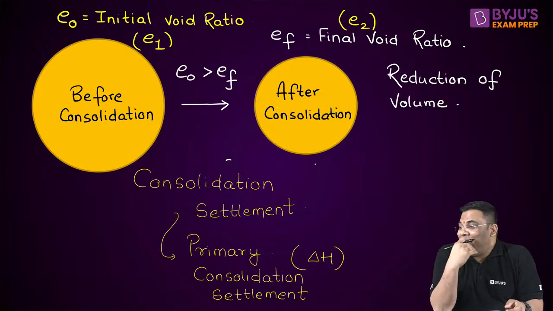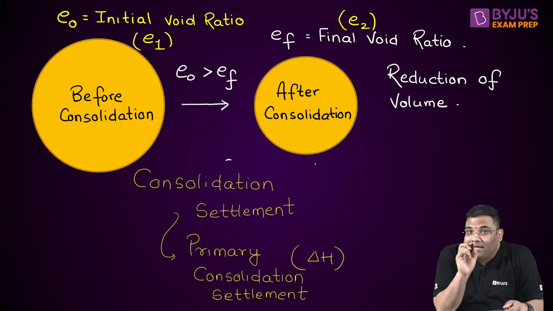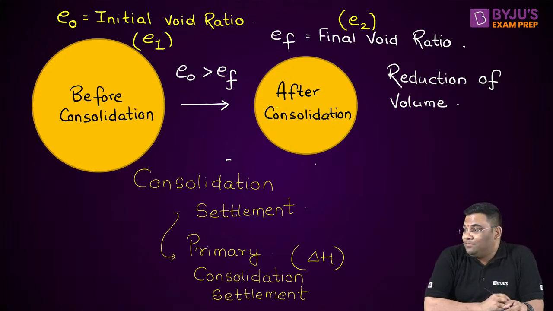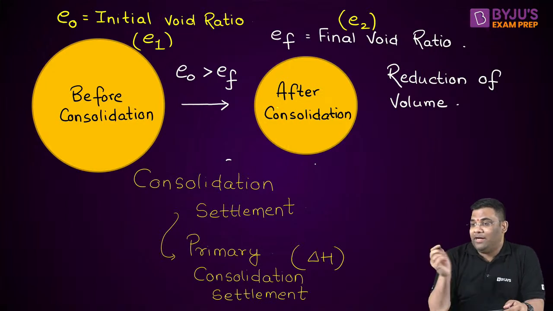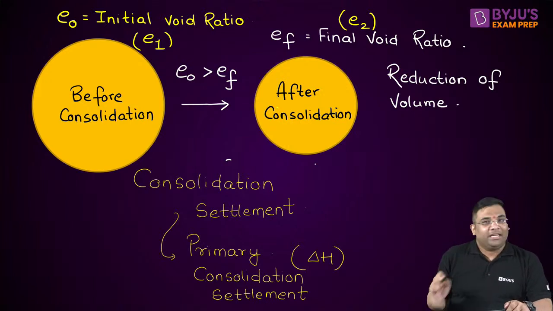Apart from that, also write down the answer: where do we calculate the effective stress in a clay layer? Very good. We calculate the effective stress at the mid depth. Correct.